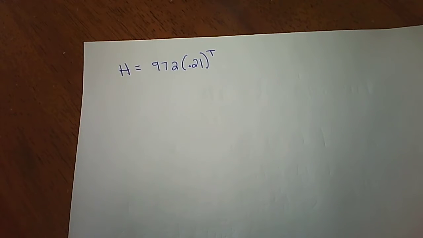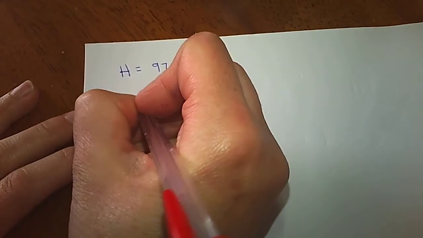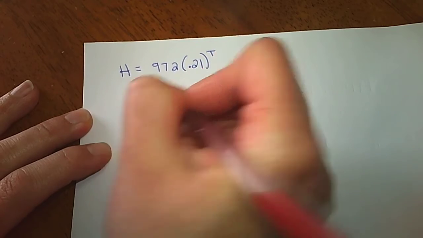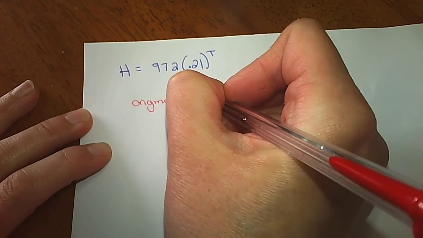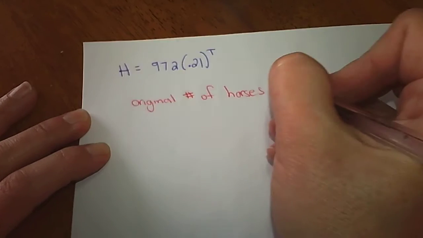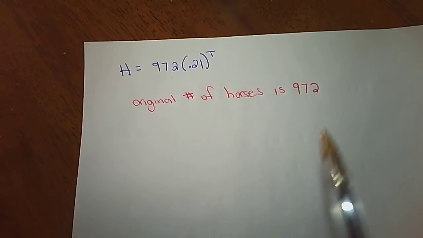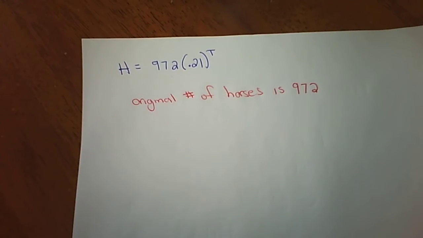What is everything we know about the horses? Well, I'm hoping you're thinking the original number of horses. Right? What would be the original number of horses? 972. So that means we're starting off at 972.